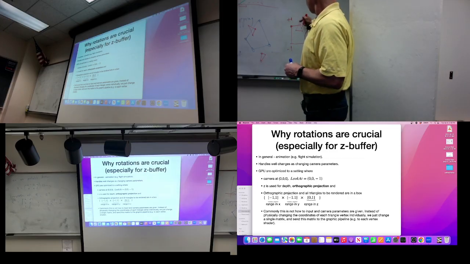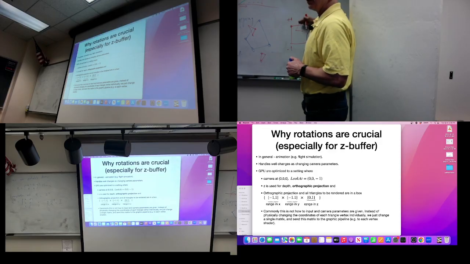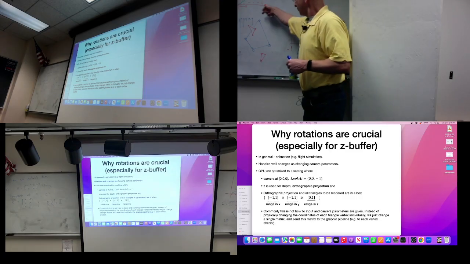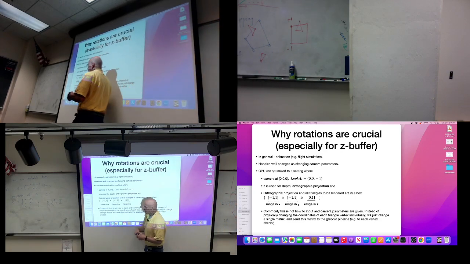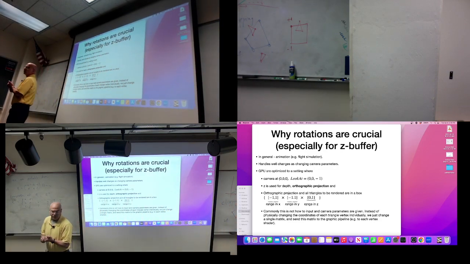I just need to check which part of it has z value or y value which are larger than 1, which are smaller than 1. Much simpler than comparing it to an arbitrary half plane. And other operations that we'll mention are also much easier.